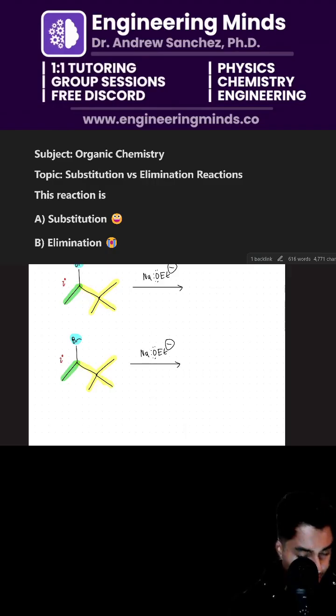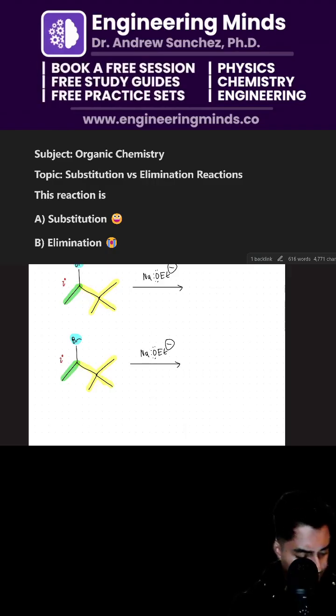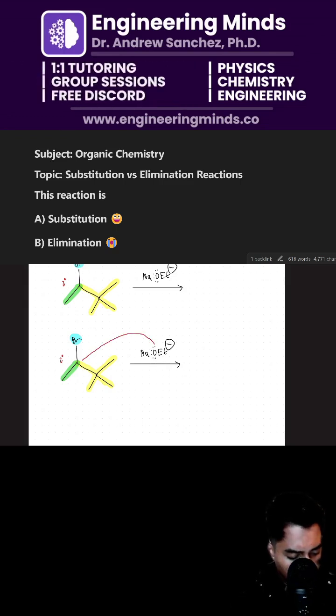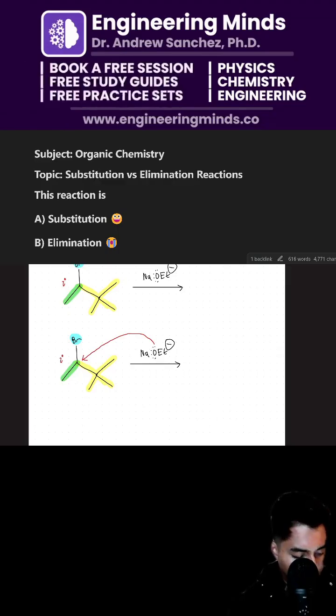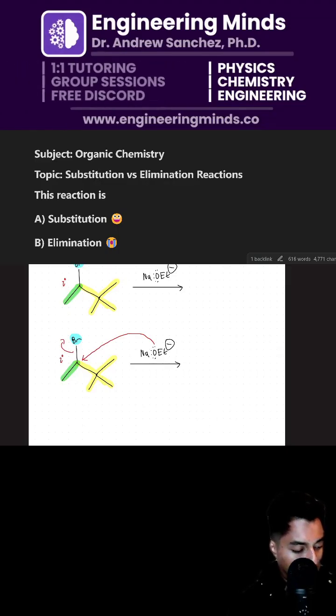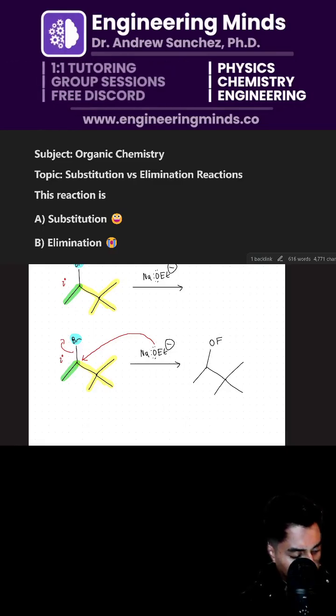I think here my book says only E2. So guys, let's analyze why this is not correct. So my book says I want to do substitution here because I want to do a backside attack and loss of a leaving group here. And let's generate this product here. Okay, but I think this is not going to occur, chat, because this is too bulky.